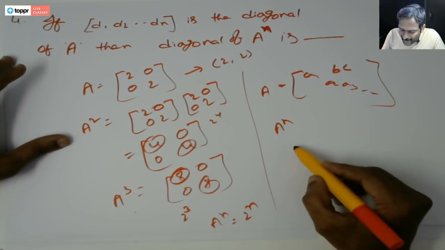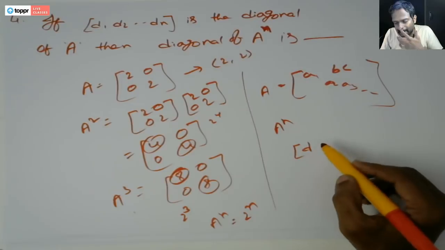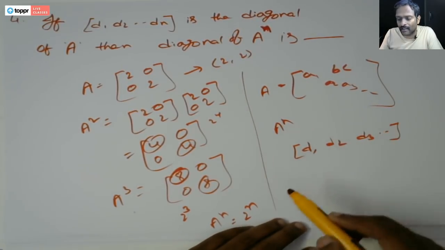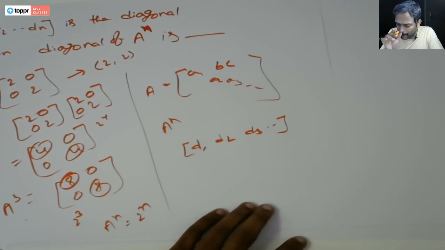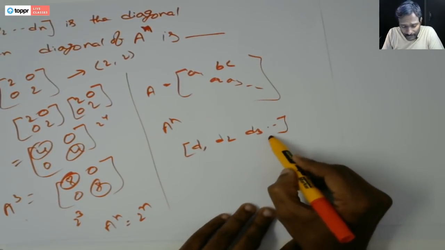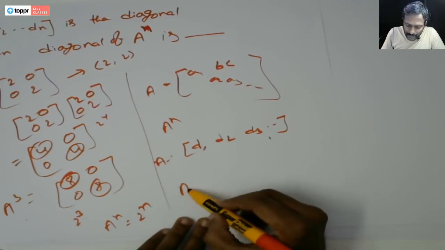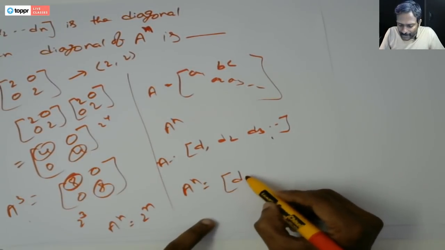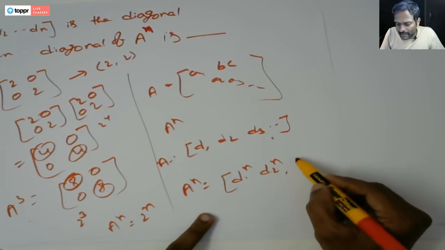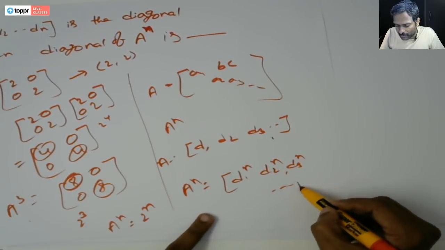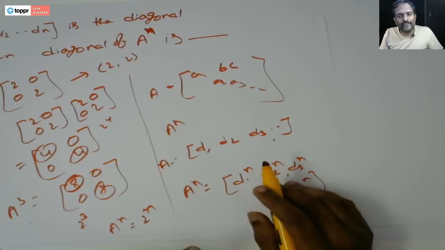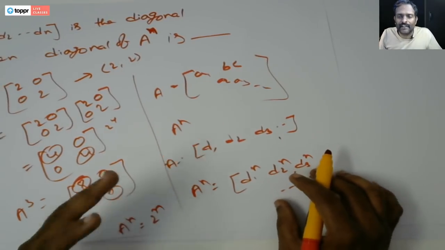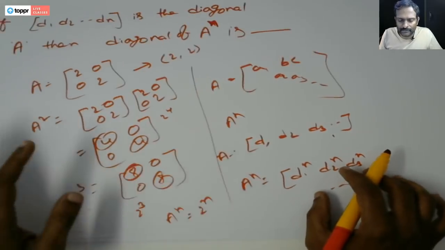When D1, D2, D3 and so on are the diagonal elements of a matrix A, then the diagonal elements of A power n will be D1 power n, D2 power n, D3 power n and so on, Dn power n. So you just raise the diagonal elements to the same power.